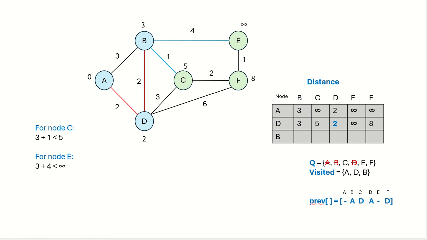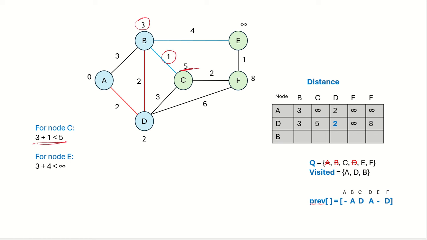When we go to B and check its direct edges to other nodes, there are two edges, between B and E and between B and C. Now we will check whether we can apply relaxation or not. So for node C, 3 plus 1 is less than 5 or not?